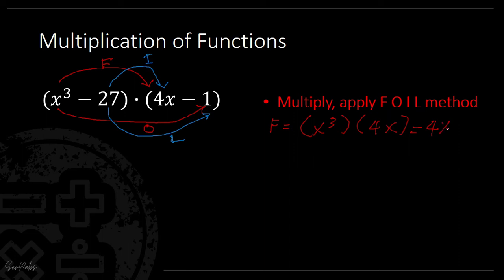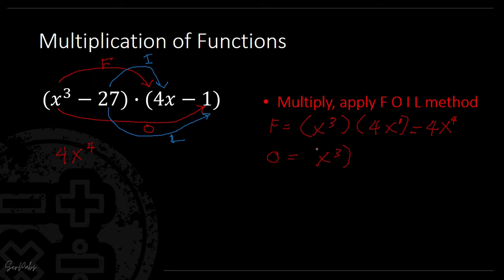So, copy x. And then, ina-add yung exponent. Pag walang exponent, automatic merong 1. Hindi na nga lang talaga siya nilalagay. So, 3 plus 1, 4. So, ang sagot natin sa letter F natin, first term, so that will be 4x to the fourth power. Pangalawa, letter O, outer.